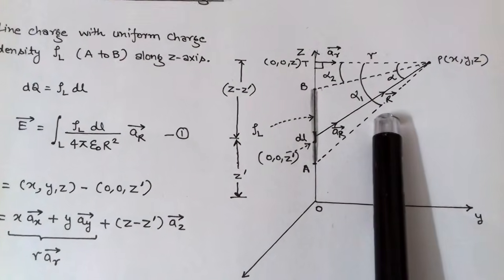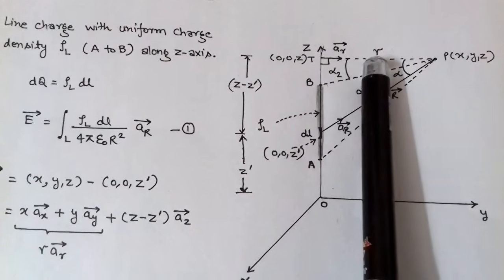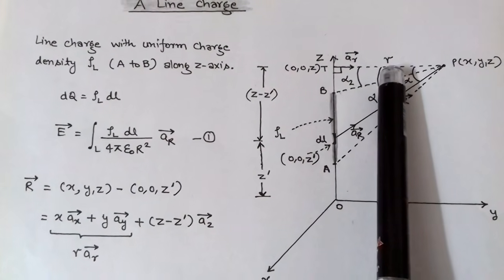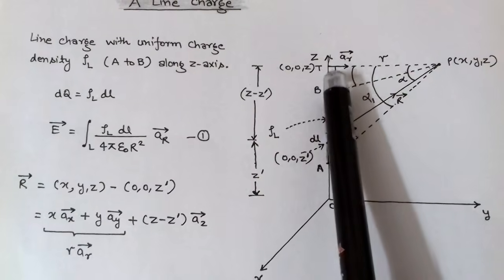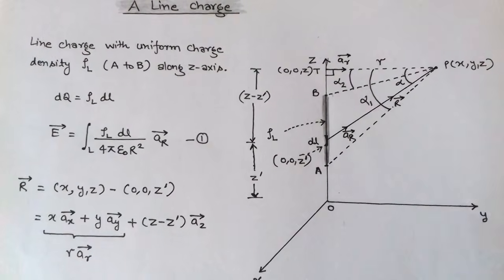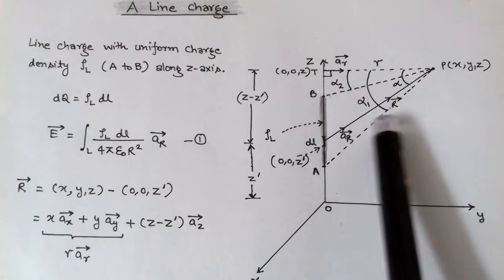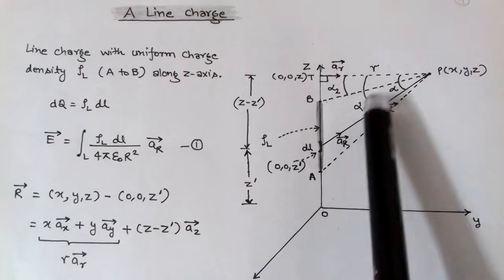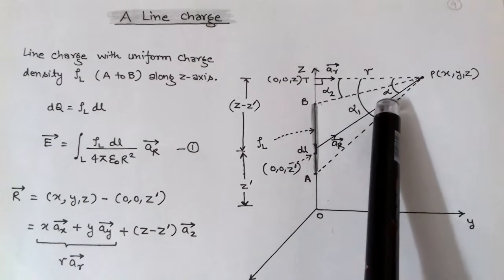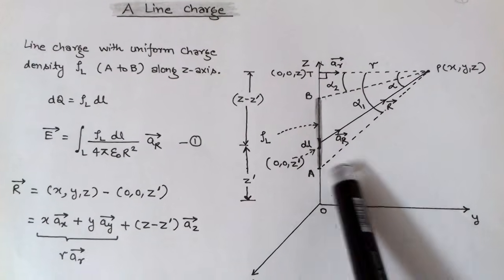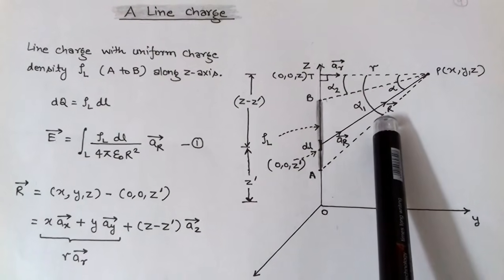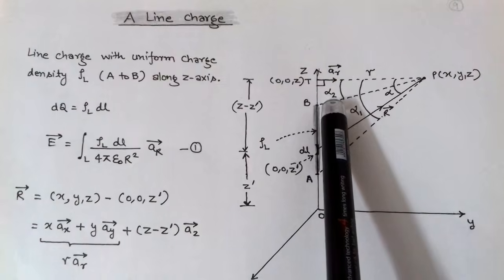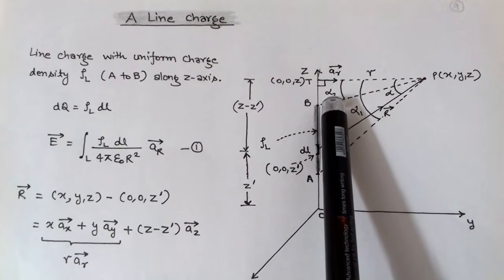Okay, now since the distance between T and P is r, or you can say that position vector r, and it has a unit vector r also. Now this position vector R, capital R, makes an angle alpha with this perpendicular distance. Similarly, point A to P makes an angle alpha 1, and B to P makes an angle alpha 2.